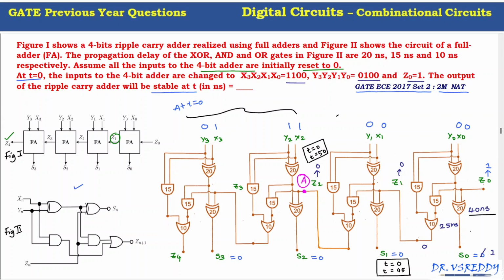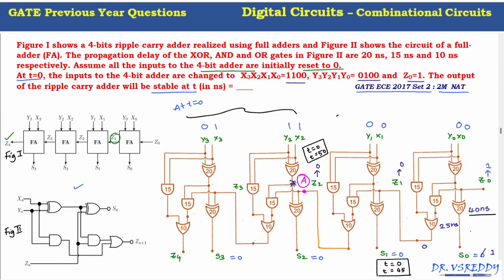In this circuit, the waveform at A becomes stable at t equal to 0 itself, because the applied input combination does not cause any change at this point A. The z2 is 0 at t equal to 0 as well as t equal to 50 nanoseconds, which means the waveform at point A becomes stable at t equal to 0 itself.